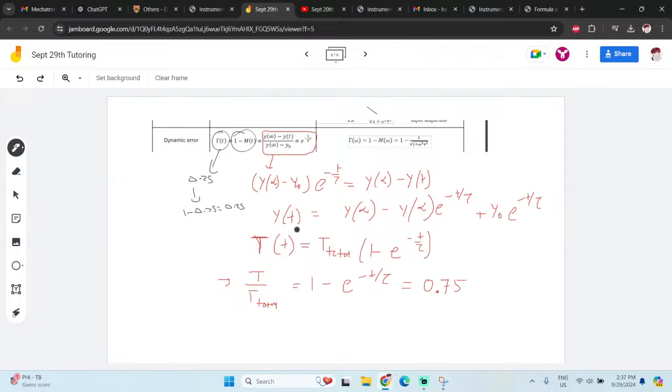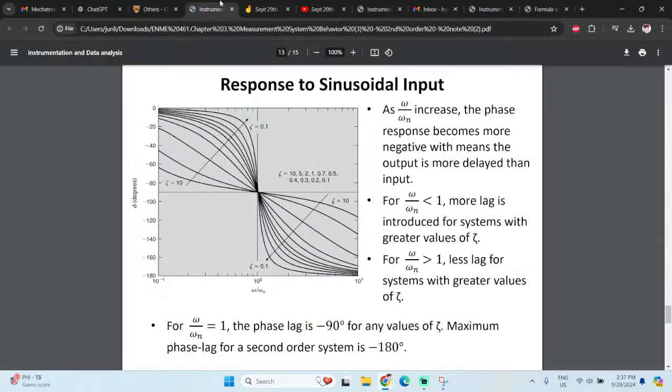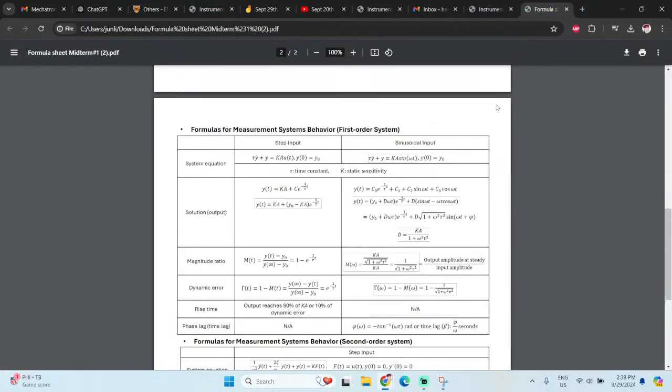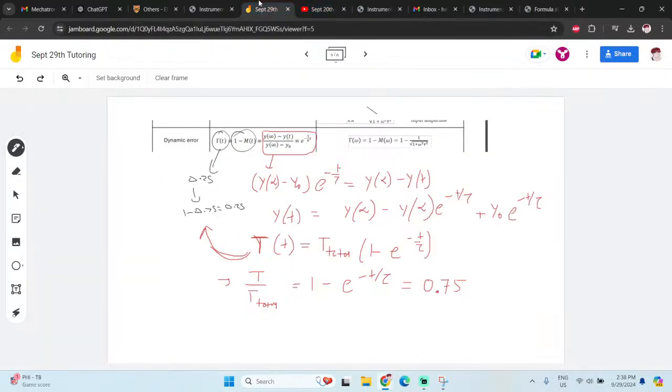It is the first equation you get when you solve the differential equation which represents the first order or second order system. After solving, the first step is to find this solution. Once you find the solution, after that you can calculate the error. So the error comes afterwards.